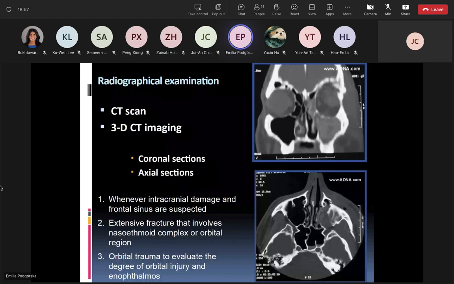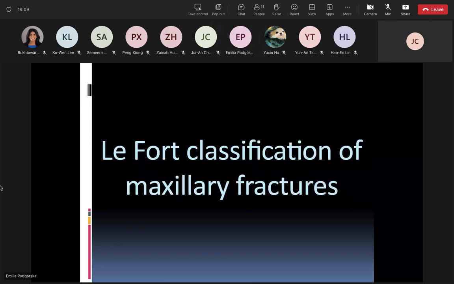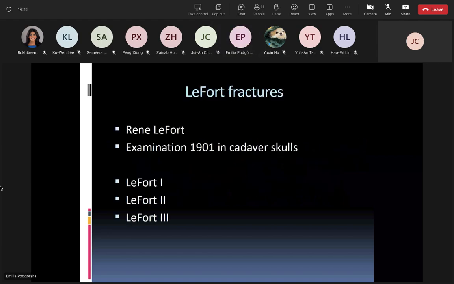Okay, now Le Fort classifications of maxillary fractures. It was combined from one level examination in 1901 by Rene Le Fort. Level 1, 2, and 3.